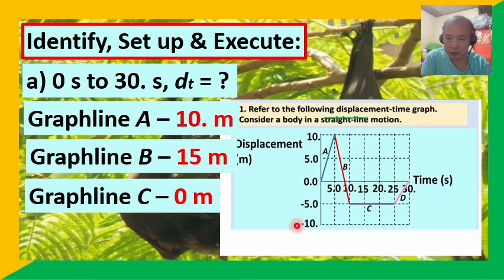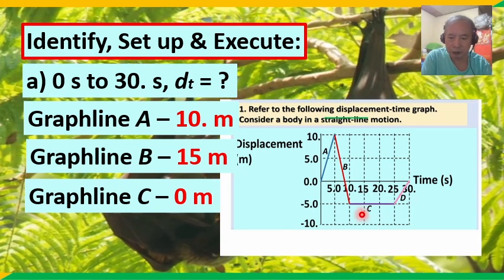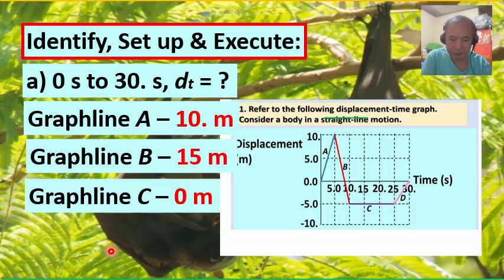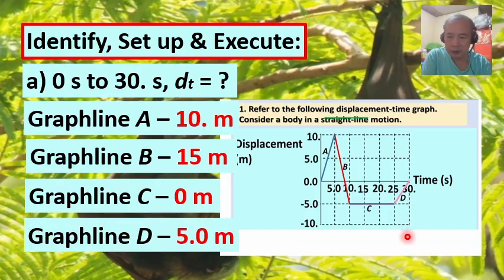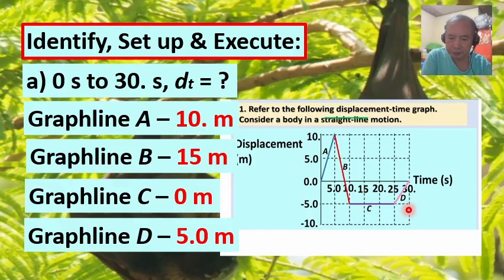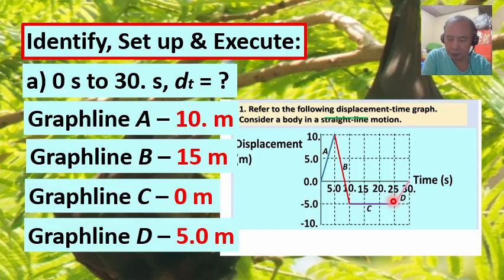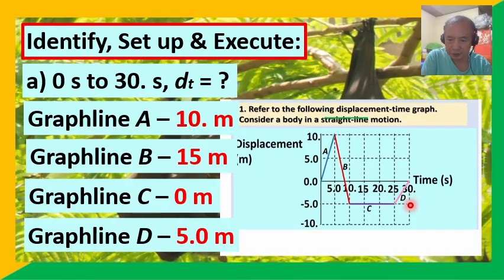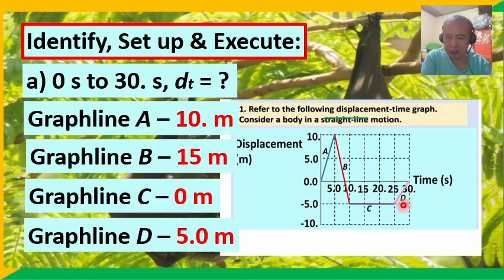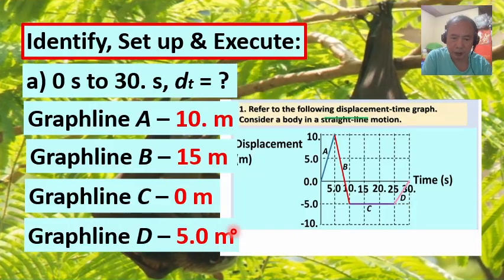In graph line C, there is no distance traveled since the body is stationary or motionless. Finally, in graph line D, represented by the time interval 25 seconds to 30 seconds, the magnitude of the change in the position is also equal to 5.0 meters.